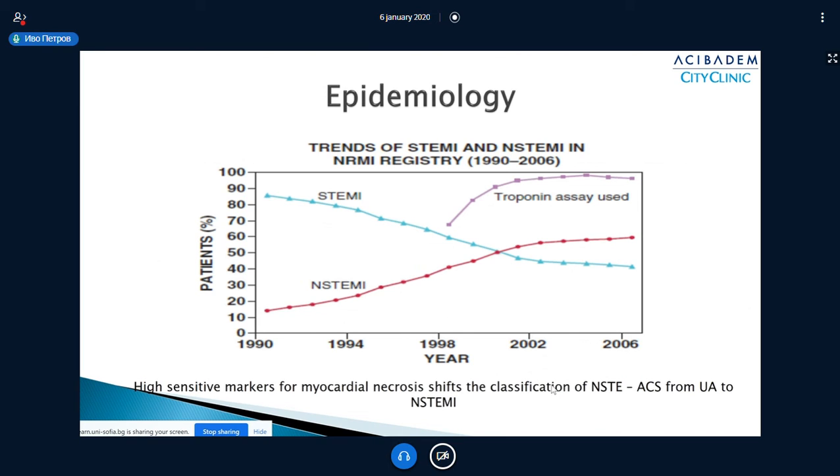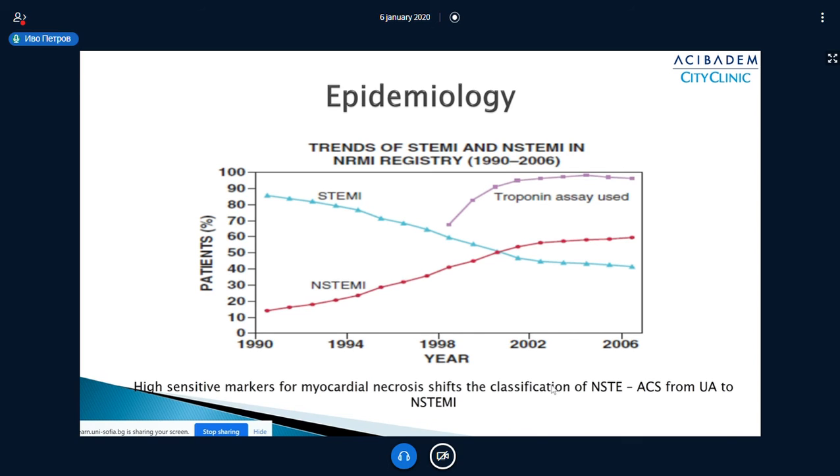The more fine investigation of injury we use, for example myoglobin investigation, probably part of the patients that we consider stable, and part of the patients that we consider with just unstable angina, without necrosis, without myocardial infarction, we can classify into non-ST elevation myocardial infarction, because the difference between unstable angina and non-STEMI is only the proof of myocardial necrosis.